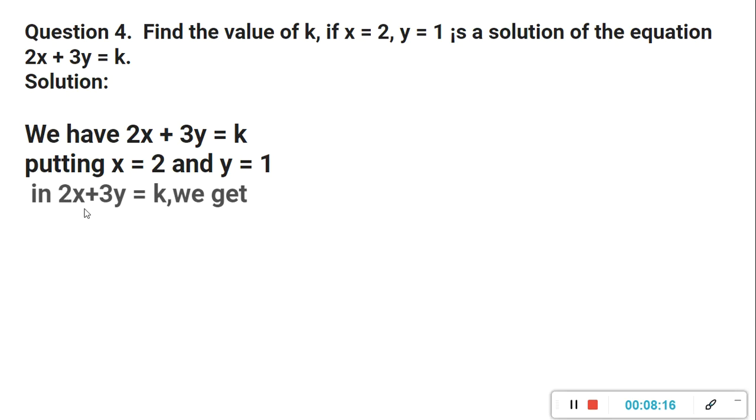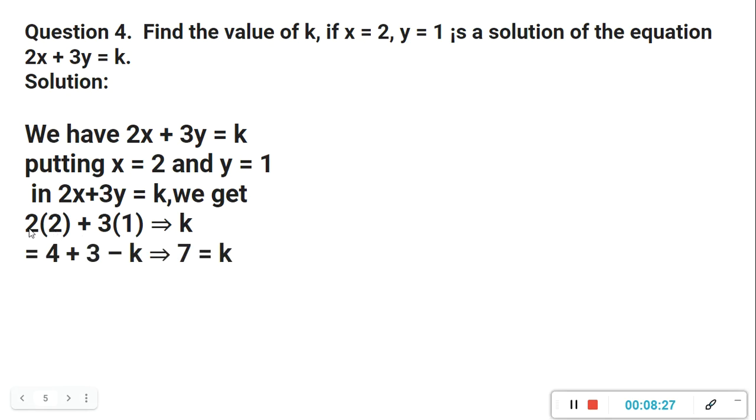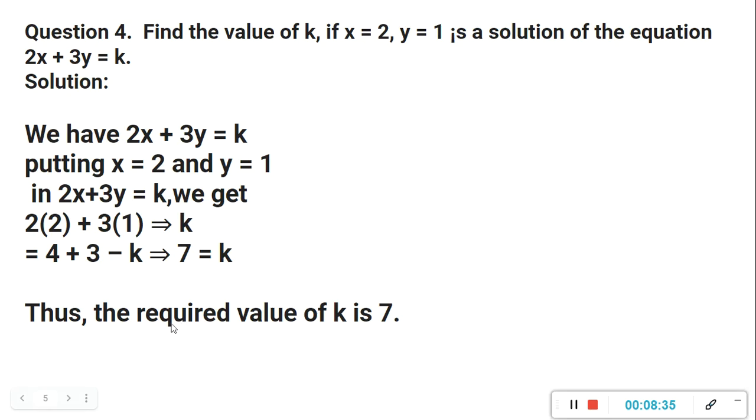So 2x plus 3y means 2 into 2, that is 4, plus 3 into 1, that is 3. So 4 plus 3, how much is it? 7. So k is equal to 7. Thus the required value of k is 7. So here we got the value of k, that is 7. 4 plus 3 is equal to 7.